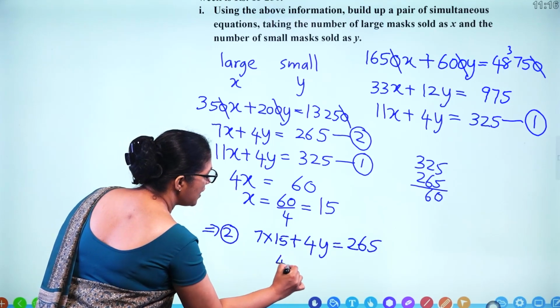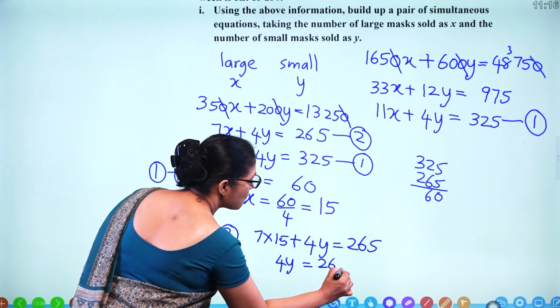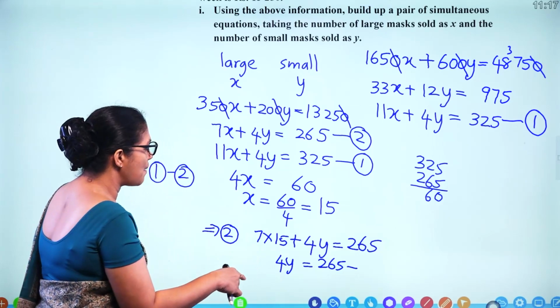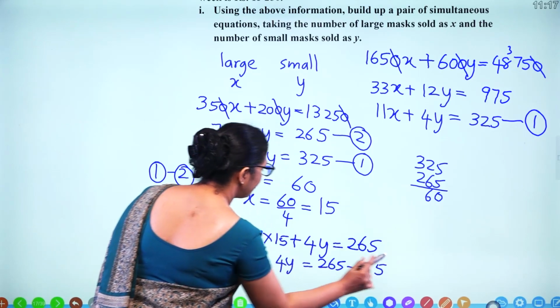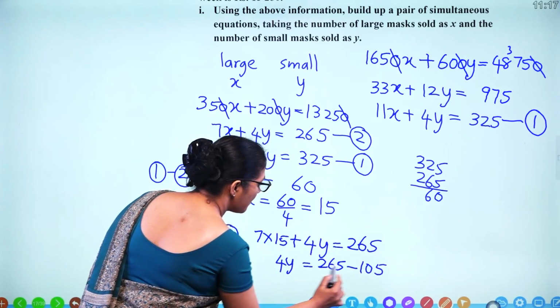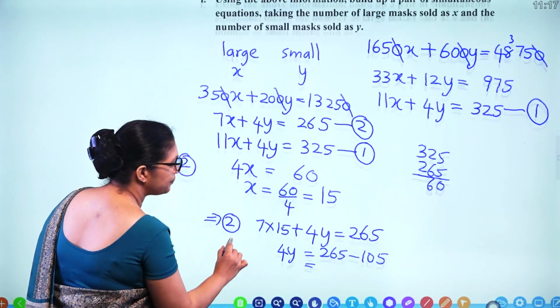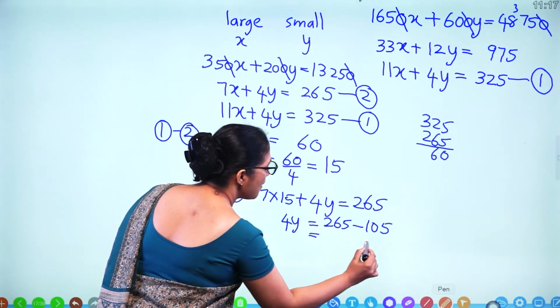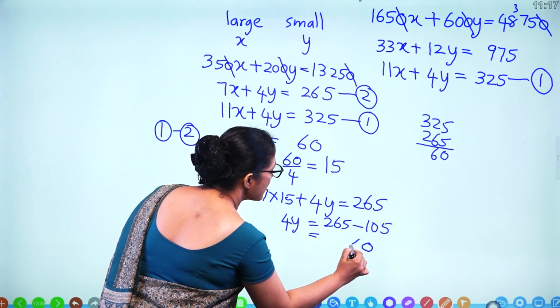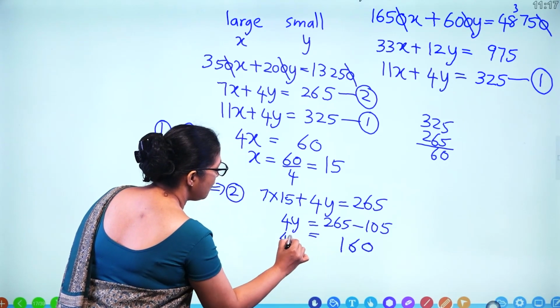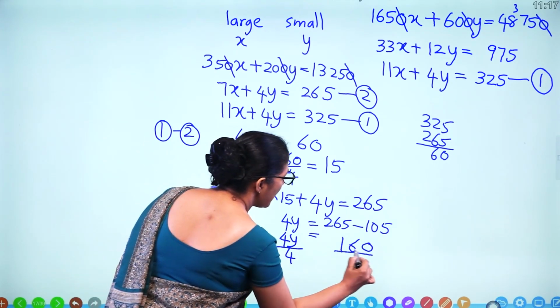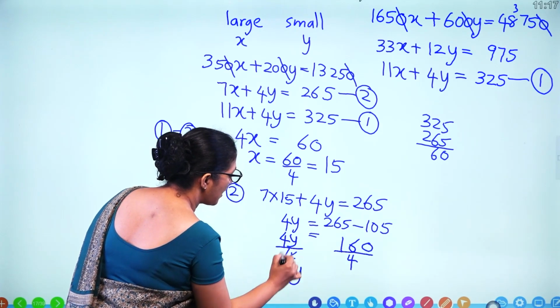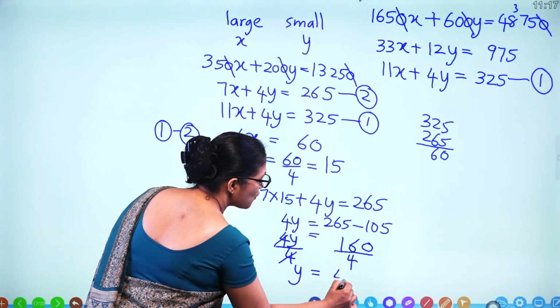So, 4y equals 265 minus 7 times 15, 105. Now, subtract: 5 and 5, 0, 6 and 1. When you divide by 4, you get the y value. Y becomes 4 times 4, 16.